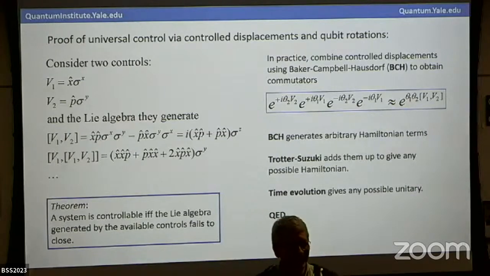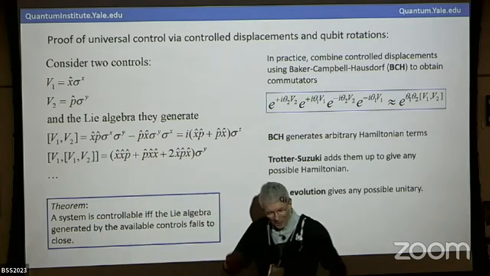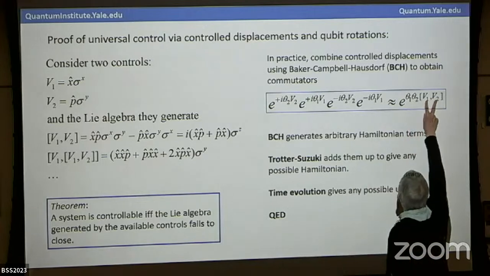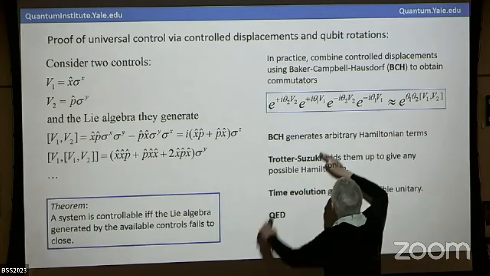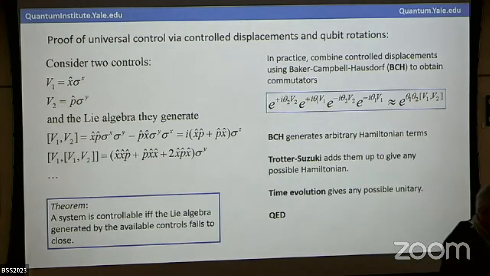But practically, the more complicated the unitary you want to do or Hamiltonian term you want to generate, you're going to have to concatenate. Like if you want to get the commutator of this with V1, you're going to have to do this BCH trick over again, et cetera, et cetera. So it does get very hard. And there's probably theorems about the complexity you can define in some way, but you're absolutely right.